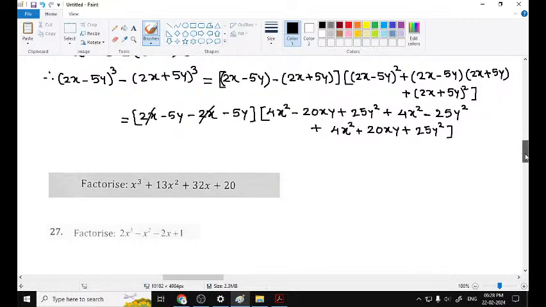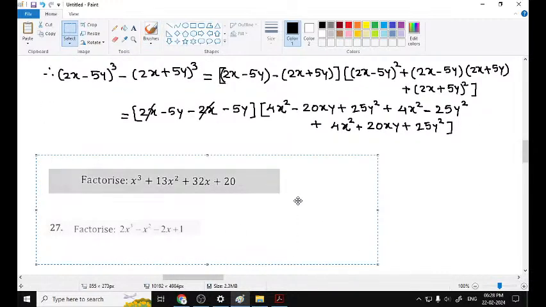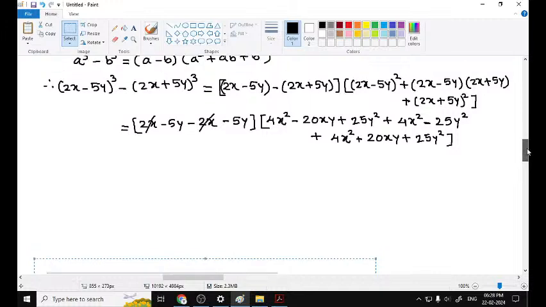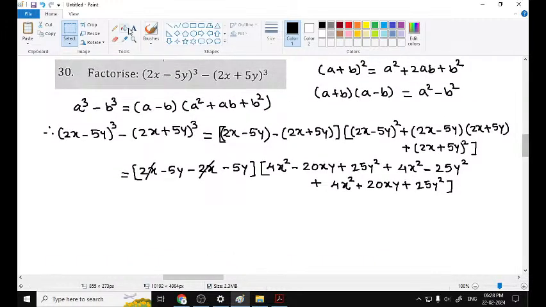Now let us simplify this. Same signs, we take the sum of the terms and keep the common sign, so this is minus 10y. This 20xy minus 20xy will become 0. Also 25y square and minus 25y square will become 0.